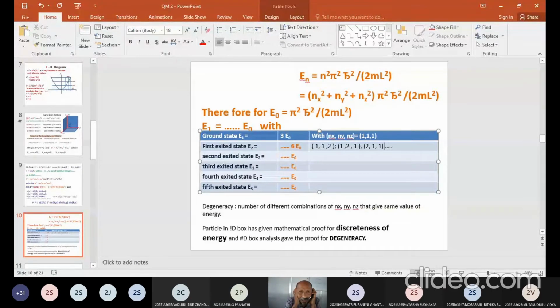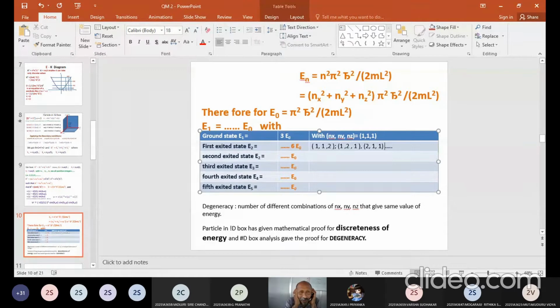That means a particular state where a particle can exist. So you can have a particle in 112 state, and a particle in 121 state, and a particle in 211 state. That means you can have three particles, and these three particles are having the same energy 6 E naught. Now, what do you call this kind of energy aspect? Degenerated. Beautiful, degenerated energy levels.